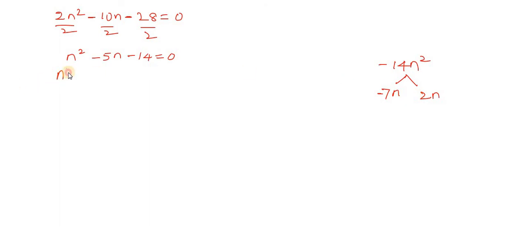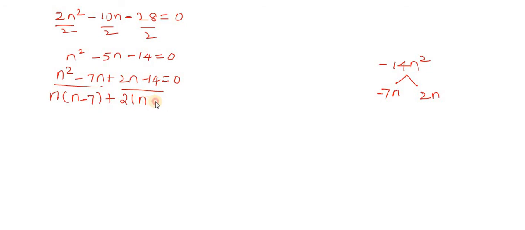So n square minus 7n plus 2n minus 14 is equal to 0. In these two, n is common, and in the others, n plus 2 is common. So n minus 7 times n plus 2 is equal to 0.